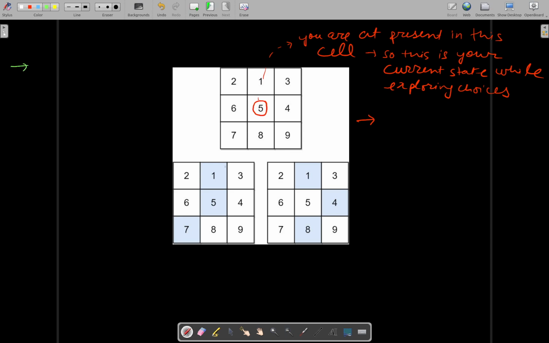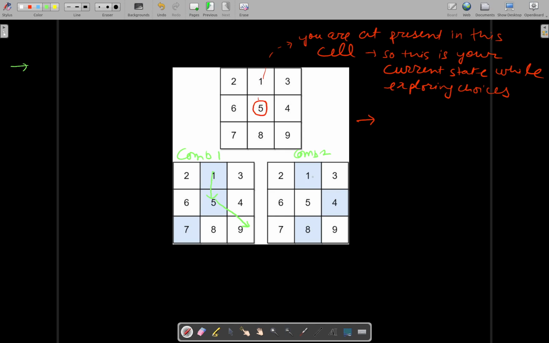Let's say you decide to pick this path and then you followed this, then you went to 9. This is one combination, let's call it combination 1. Let's call it combination 2.